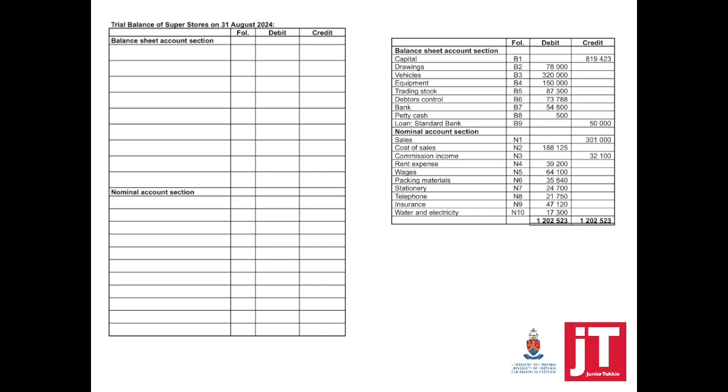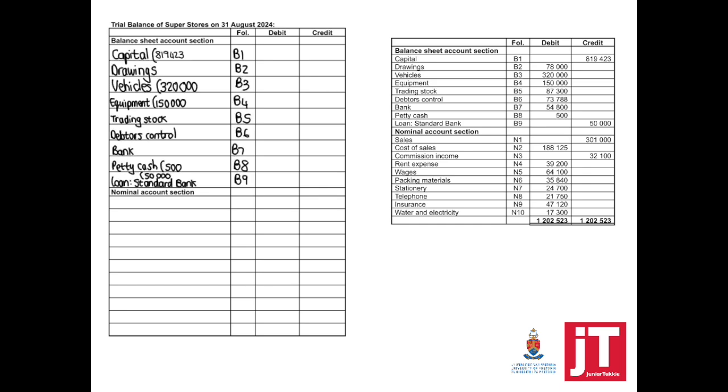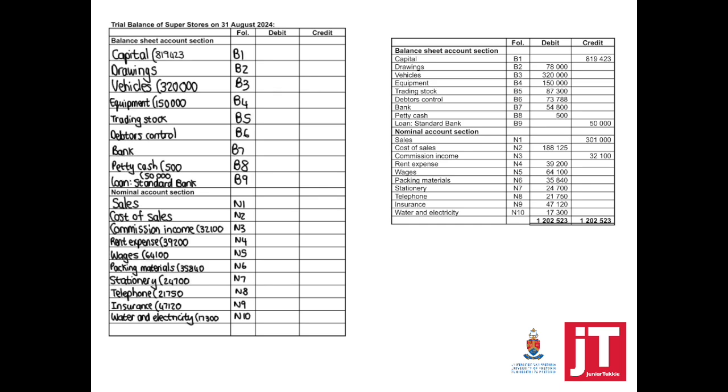Completing the trial balance. As I've mentioned earlier, we're going to use the same approach as what we've done with the debtors list. We start with writing down all the accounts, and it's in exactly the same order as in the trial balance.